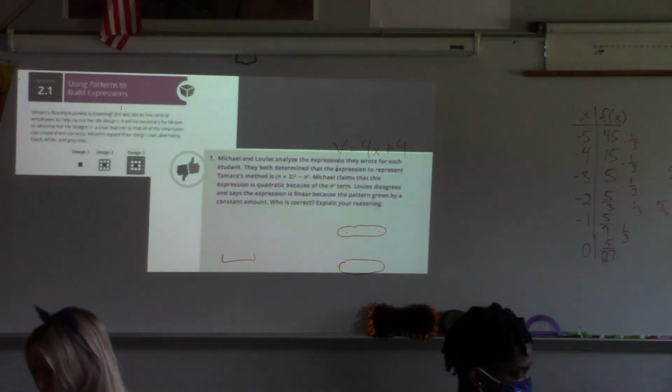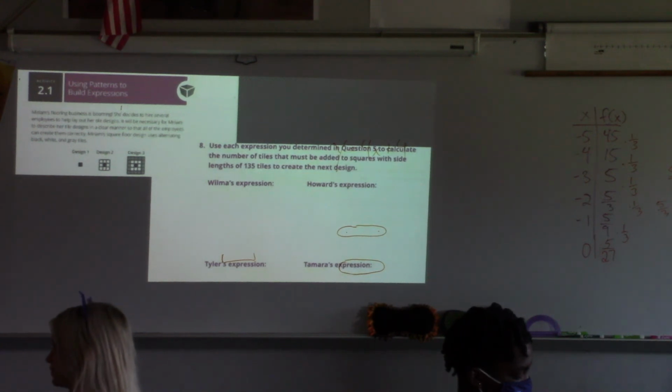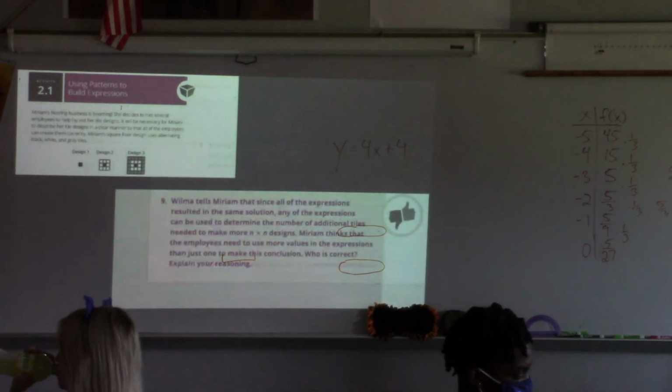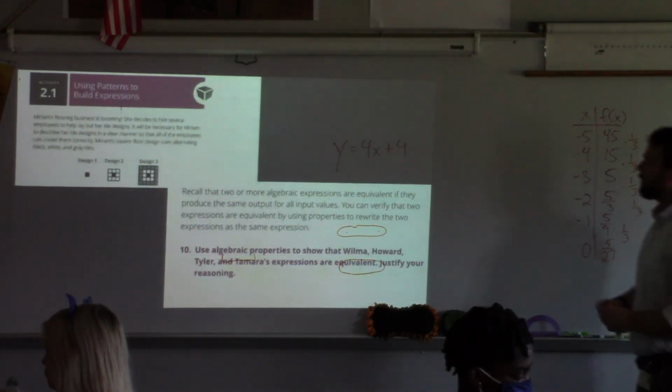When we looked at that one, we plugged in that 135, right? And then we got the same answer out for each of those. We also looked here and used algebraic properties, right?